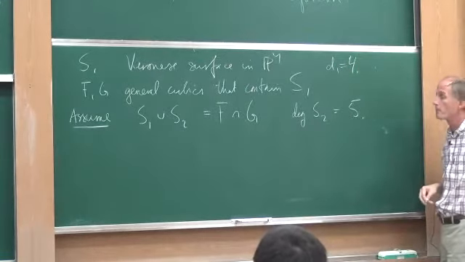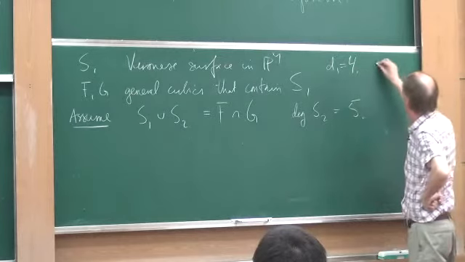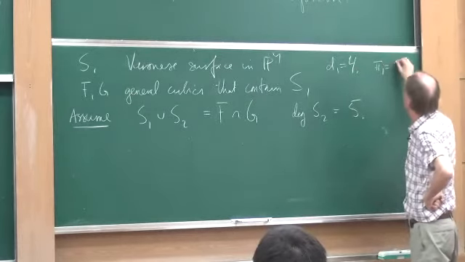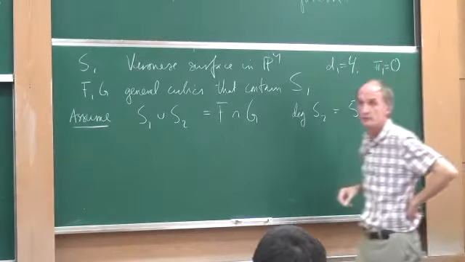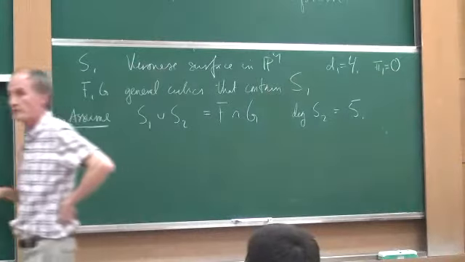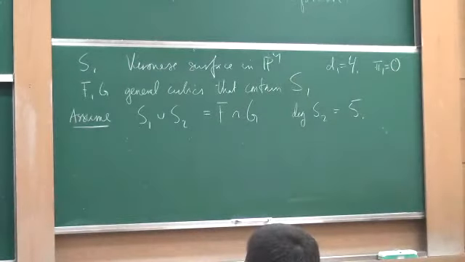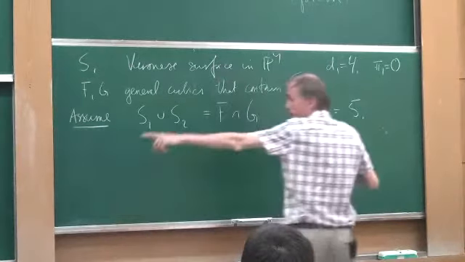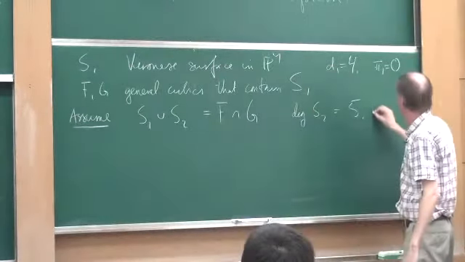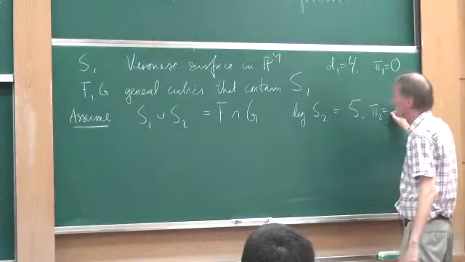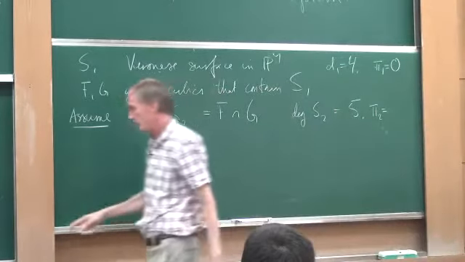I know a bit more. I know that pi1 is equal to 0. The genus of hyperplane section of the Veronese is 0. So now I have computed D2, and I've computed the pi2. I put it in here.